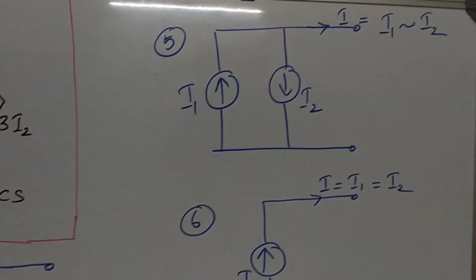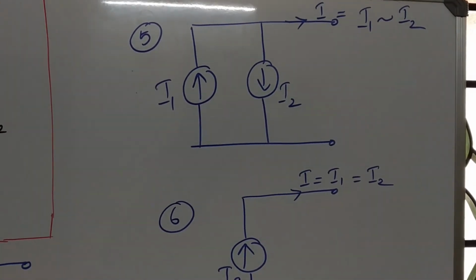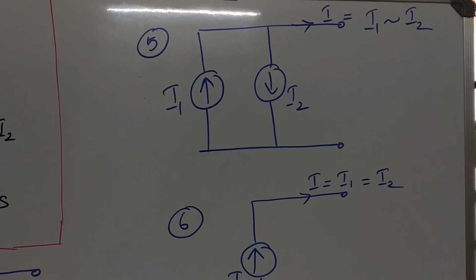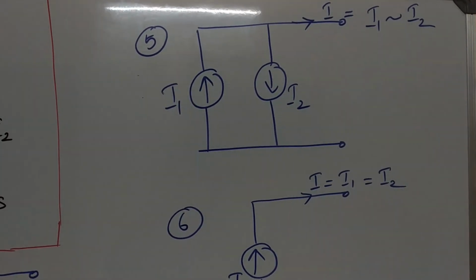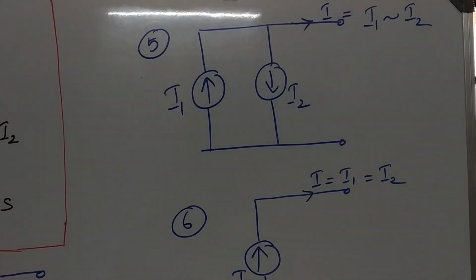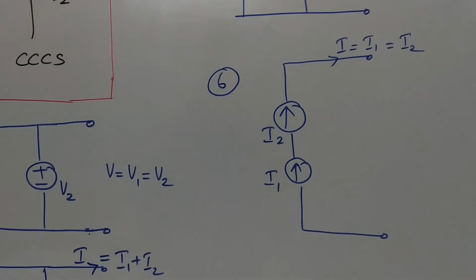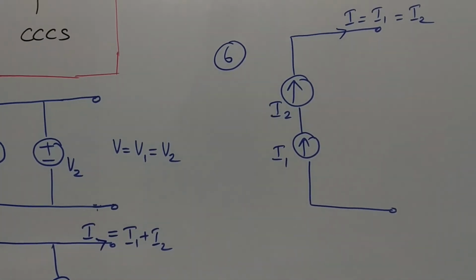And fifth case is the direction is different. One is in the upward direction and other is in the downward direction. So net current will be the difference between I1 and I2. And the last one, two current sources, you cannot connect it in series unless it is of same value.